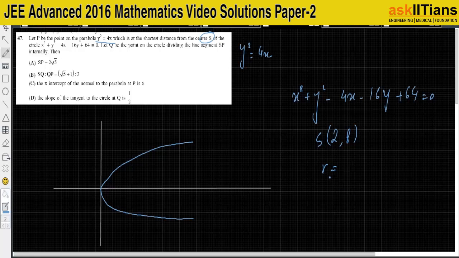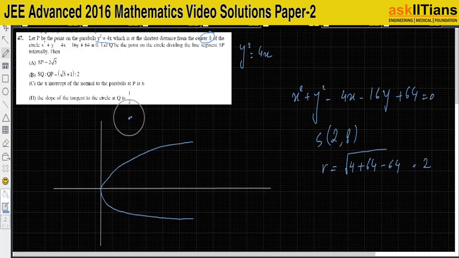Radius of this circle will be root of g square plus f square minus c. So that's 4 plus 64 minus 64. So this will be 2, right? Radius of this circle will be 2. So this center will be somewhere here, 2, 8, and the circle is like this, a very small circle of radius 2.